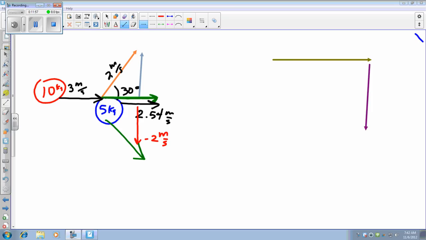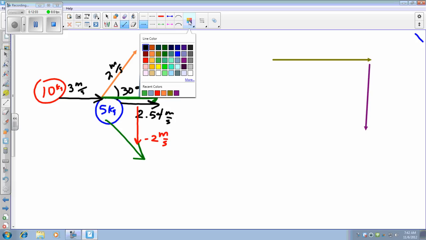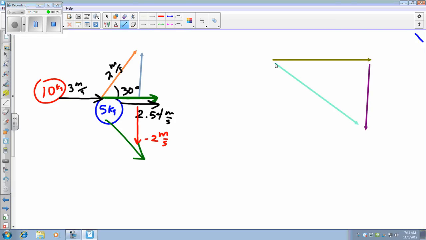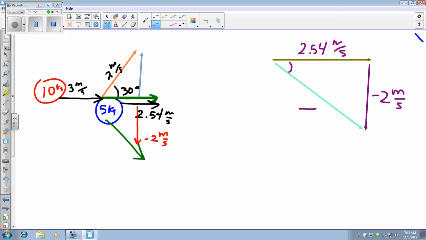Essentially we want to find the resultant of this line because it's going to allow us to measure the displacement of the ball. We're going to be able to say it moved at this angle and at this unknown velocity right here. So we just have to use our right angle trig. We've got 2.54 meters per second and -2 meters per second in the y component.